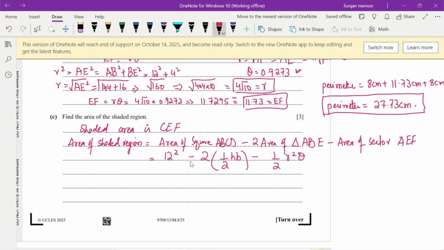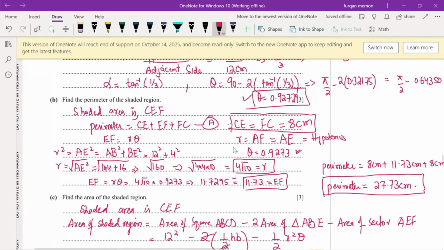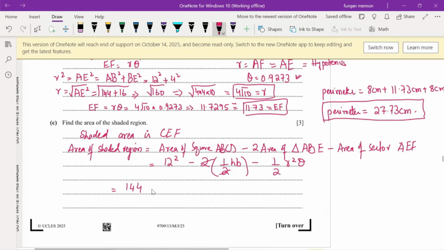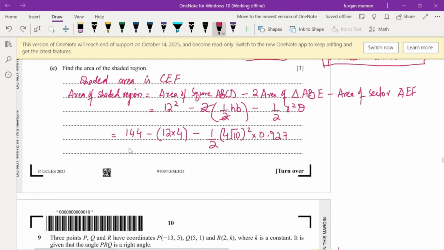Now plug the values. 12 square is 144, and 2 will be cancelled out, and h and b are 12 times 4, minus 12 times 4, minus 1 over 2 r, where r is the radius which is 4 under root 10, square. Theta is 0.9273.